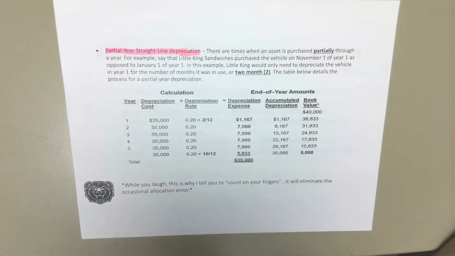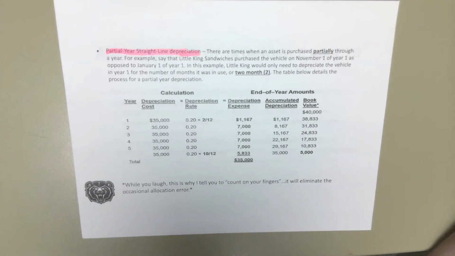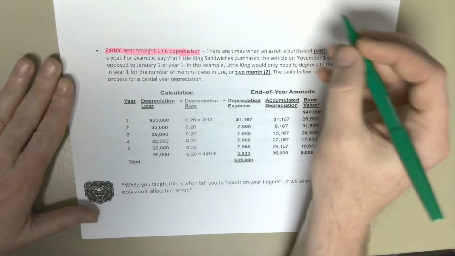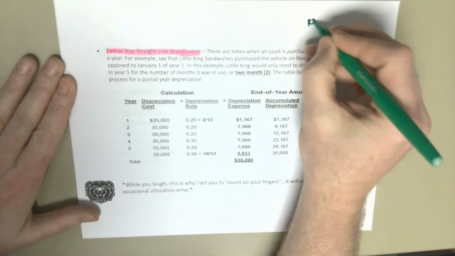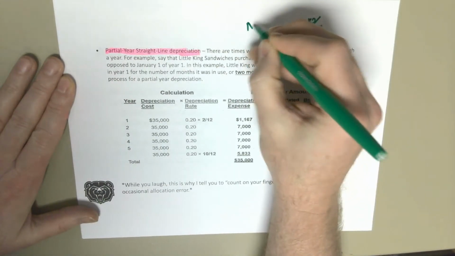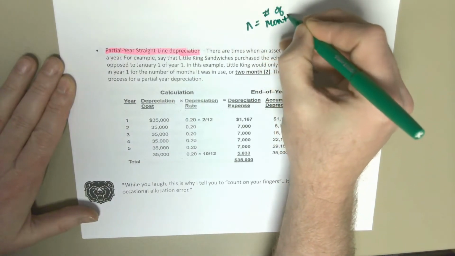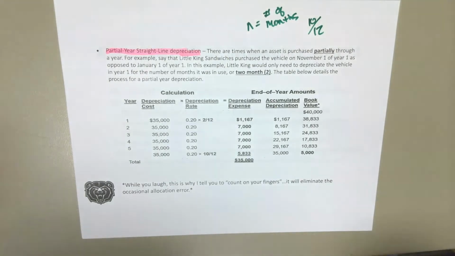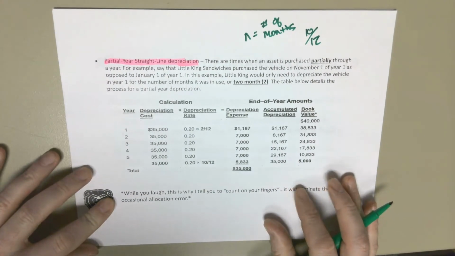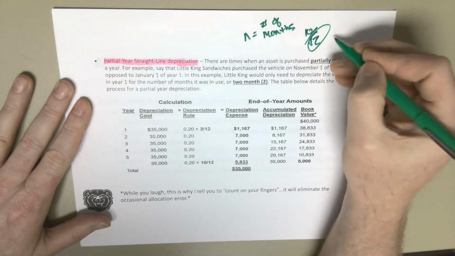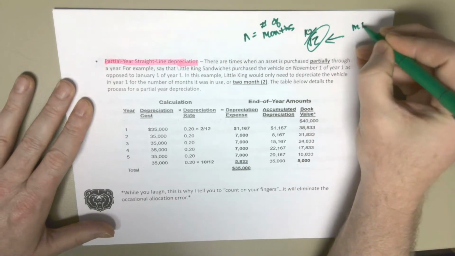And if you bought it at the beginning of March, then you own it for 10 months out of the year, and you would have to take 10 over 12. That N equals the number of months, right? N in this class is almost always going to be how long you've had something, okay? And 12 obviously is the months in a year, right?